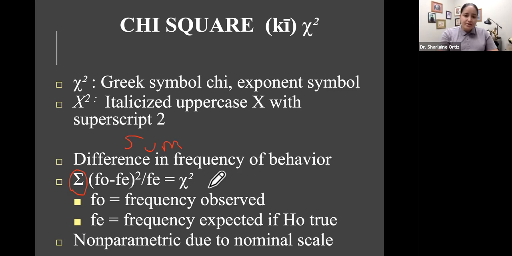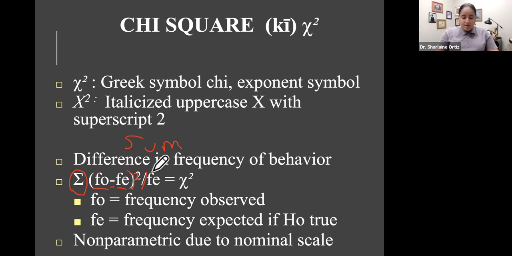So how do we read the equation of the chi-square? Well, we have the sum, and then we have the open parentheses, frequency observed minus the frequency expected, close parentheses, squared, and then we divide the sum of the frequency observed minus the frequency expected, squared, by the frequency expected.